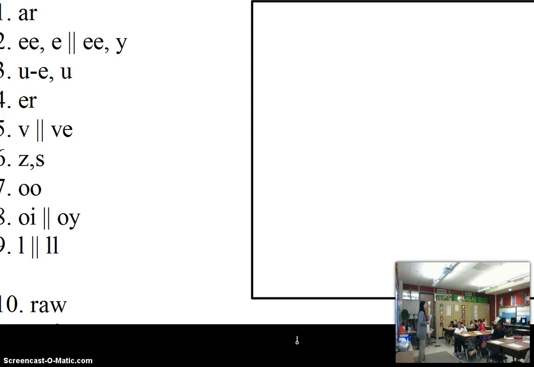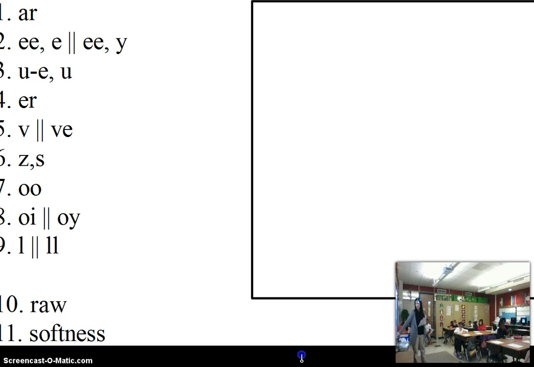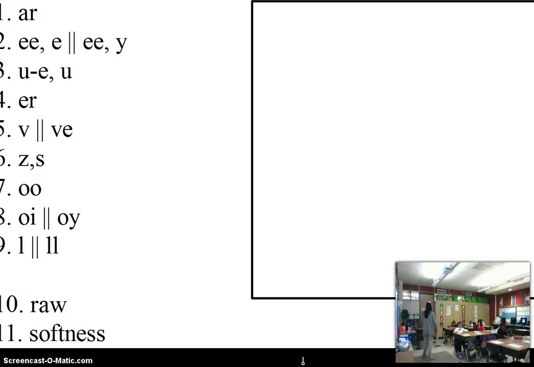Number 11. Softness. S-O-F-T-N-E-S-S. Softness. I got a hiccup. Number 12.